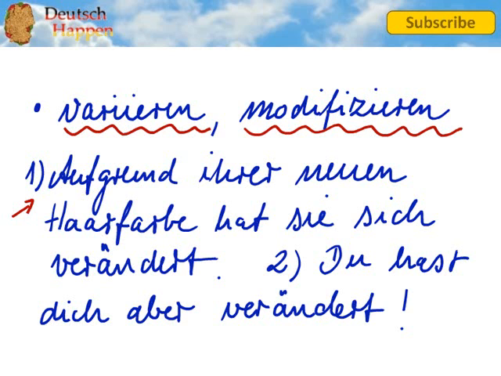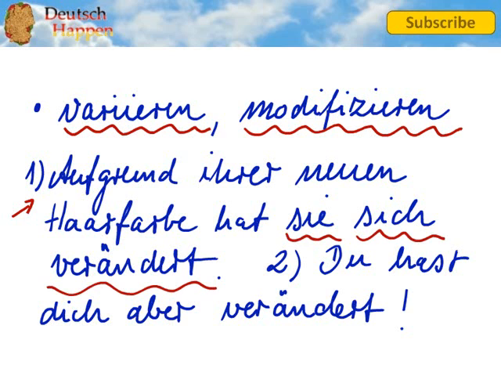Second one, du hast dich aber verändert. So you didn't see the person for a long time and now you are surprised and say, wow, you changed a lot. Once again, I use them both in the reflexive version. Sie hat sich verändert, so she changed herself.